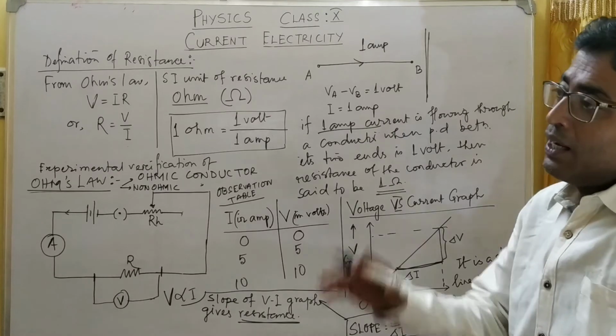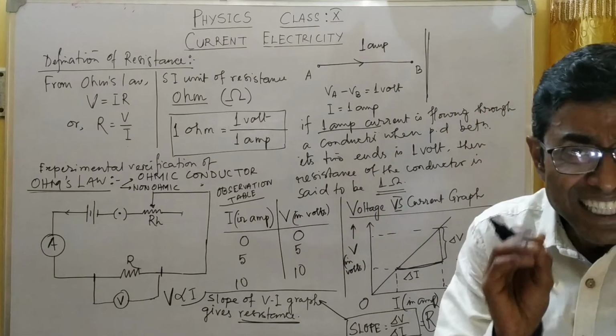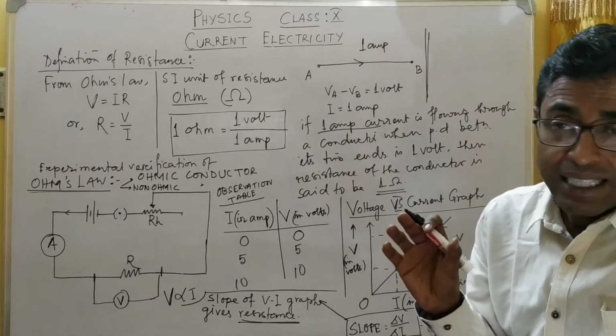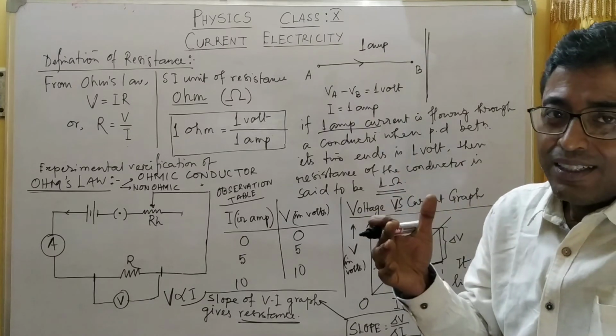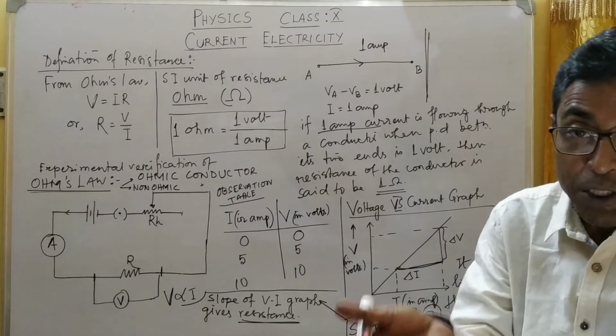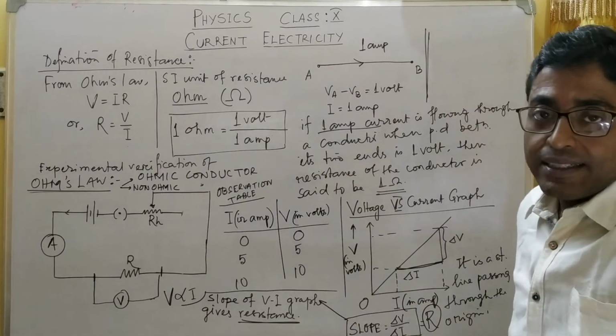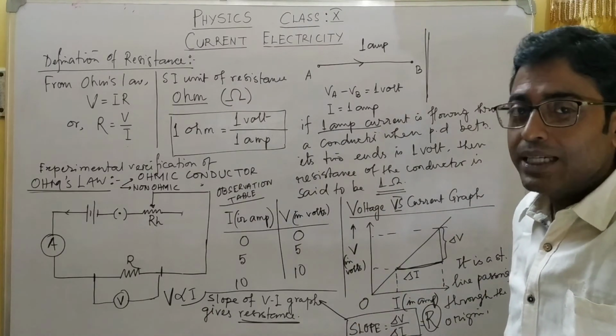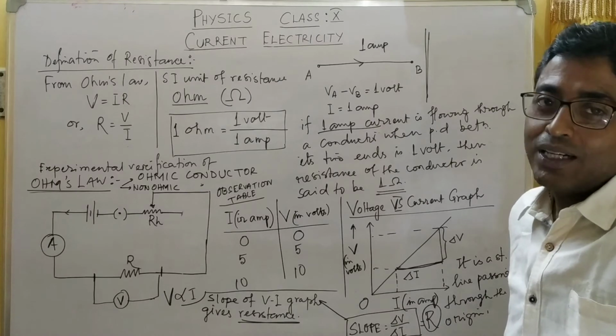That means that phenomenon resists, does not allow the electrons to flow freely. So there must be an opposite to that, which actually helps the electrons to flow through the conductor.